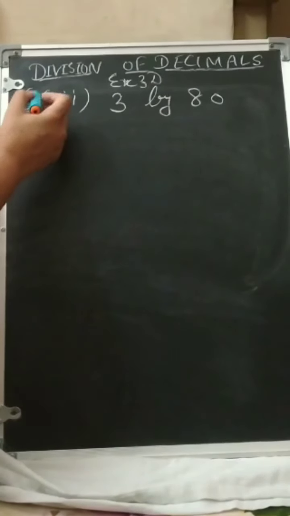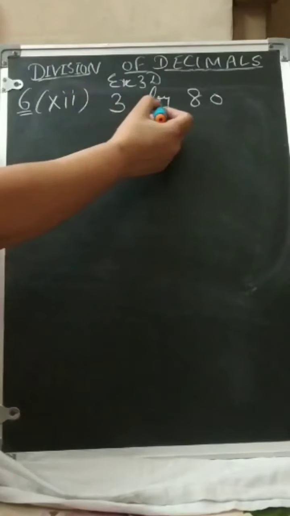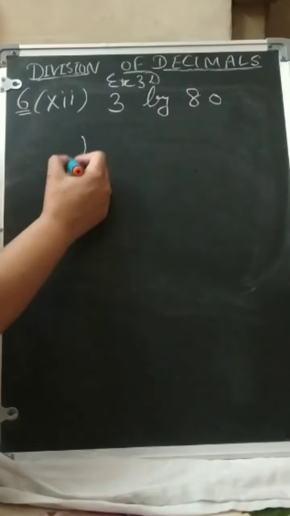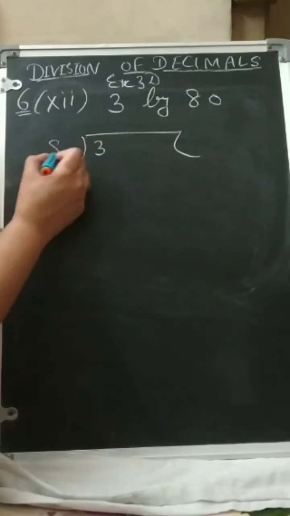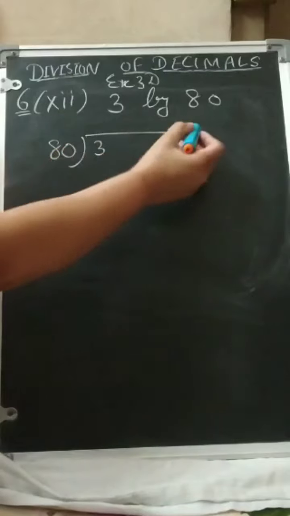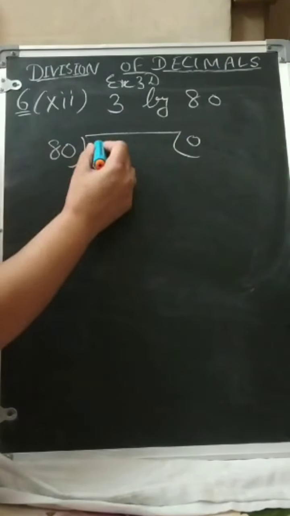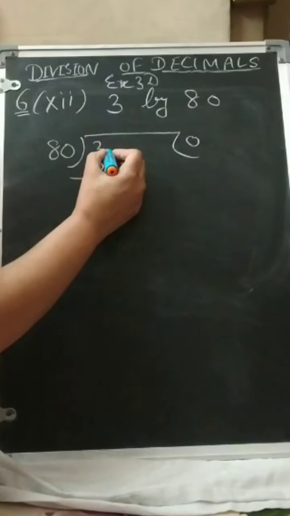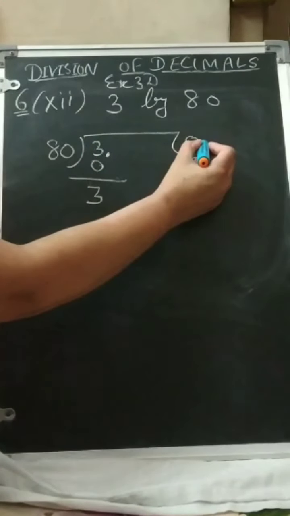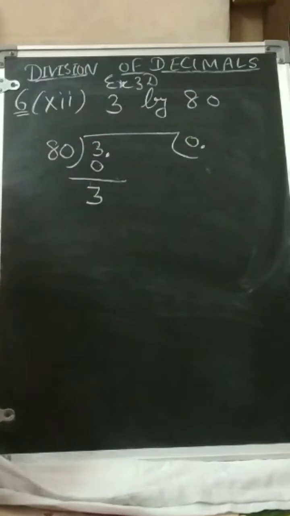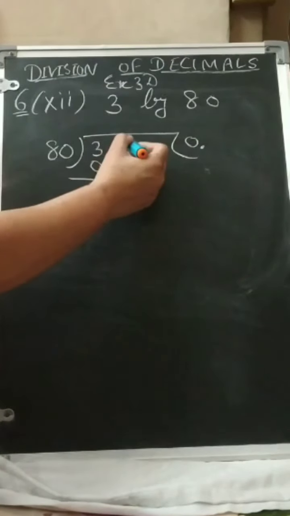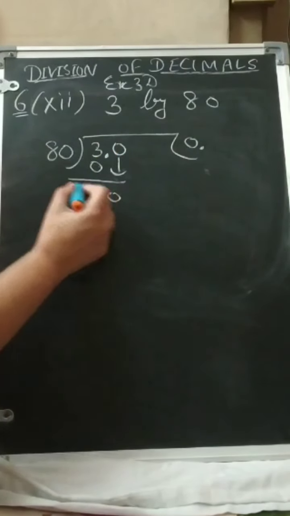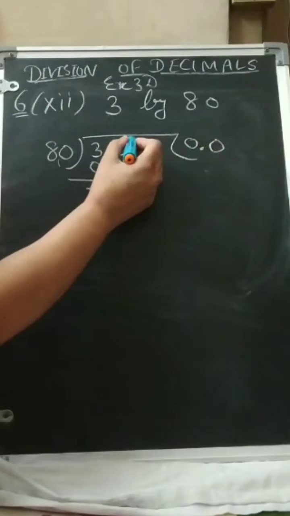Now last part of sixth question. The question is 3 by 80. You can see there is no decimal present here. So we will start division, 3 divided by 80. First of all it will go with 0 only. 3 minus 0, 3. Now afterwards, here we can put a point, here also we can put a point. In decimal sums, we can put the point, and after that we can take, now you can see it is not going, 0, 1 we can take here. Now one more 0, it will now come 300.